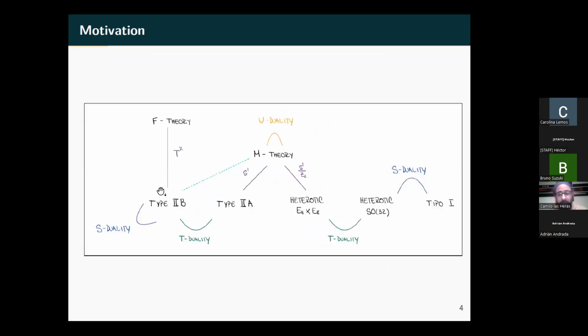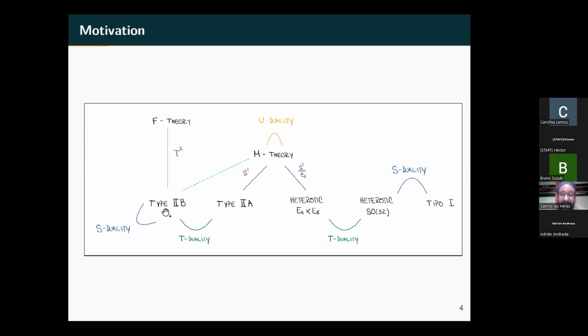However, in the mid 90s, there were 5 different known string theories in 10 dimensions. These are type 2b, type 2a, both heterotic, and type 1 string theory. Okay, so people said, okay, we have 5 different theories, but in the second revolution of superstrings, the community found out that these 5 theories were not independent.